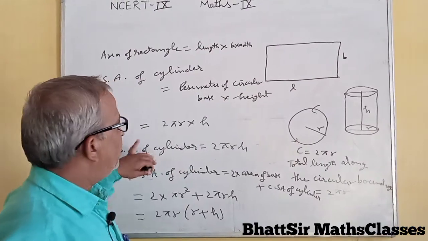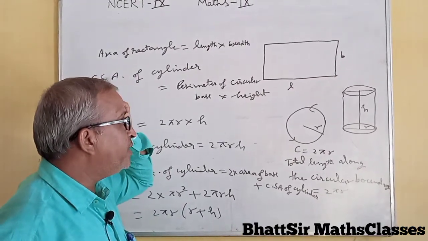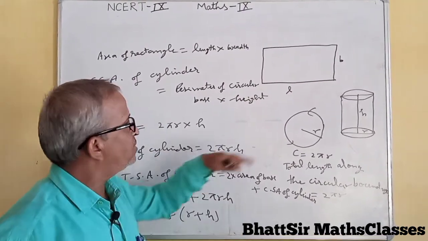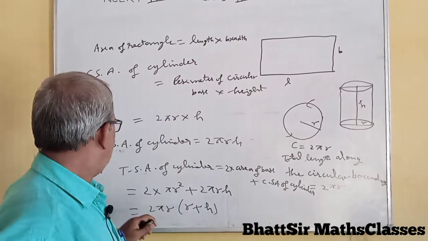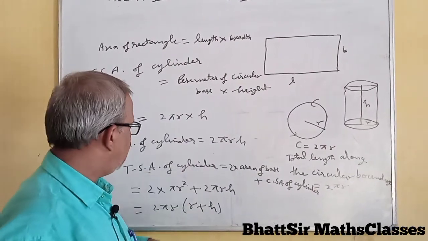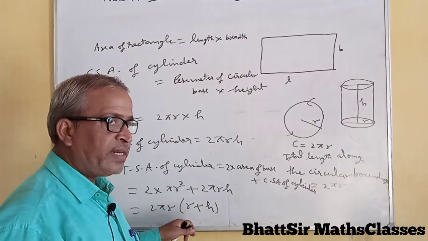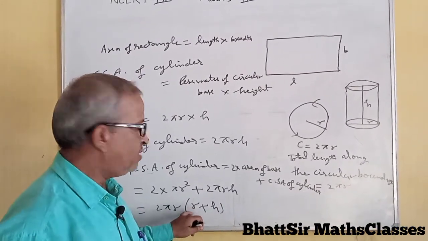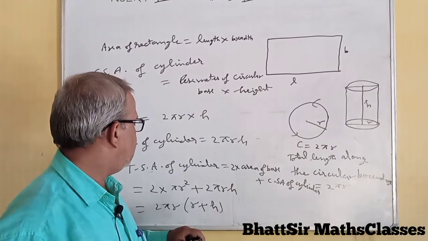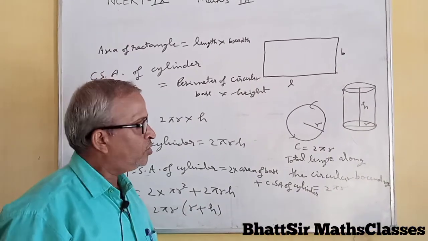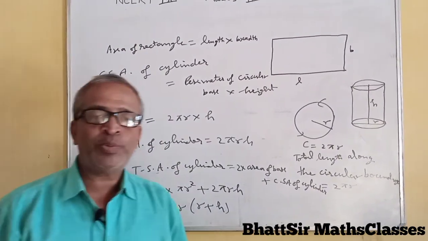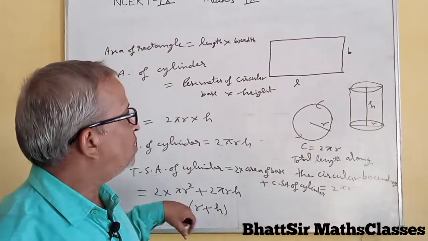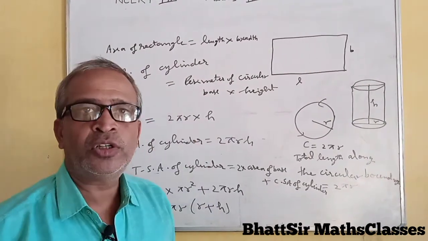So in this chapter I want to calculate the curved surface area of the cylinder, 2 pi r h, and the total surface area of the cylinder, 2 pi r (r plus h), where r is the radius and h is the height. So I will explain some questions related to this topic.